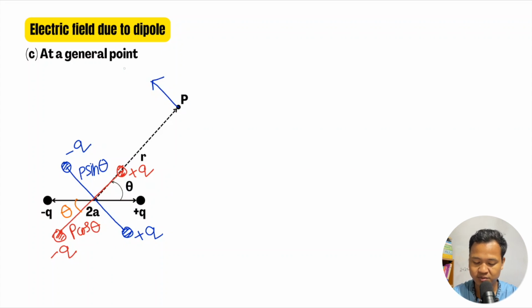From the formula kp by r cube, with p replaced by p sin theta, here you'll have kp sin theta divided by r cube. And due to p cos theta, the axial point, the field along this side is 2kp by r cube, so 2kp cos theta divided by r cube.